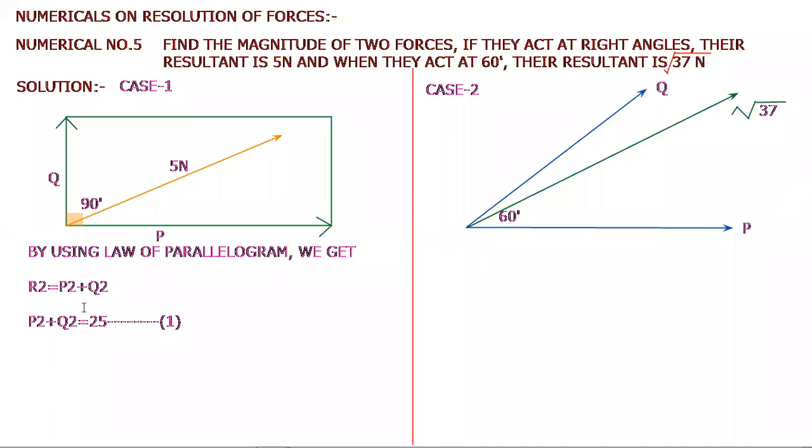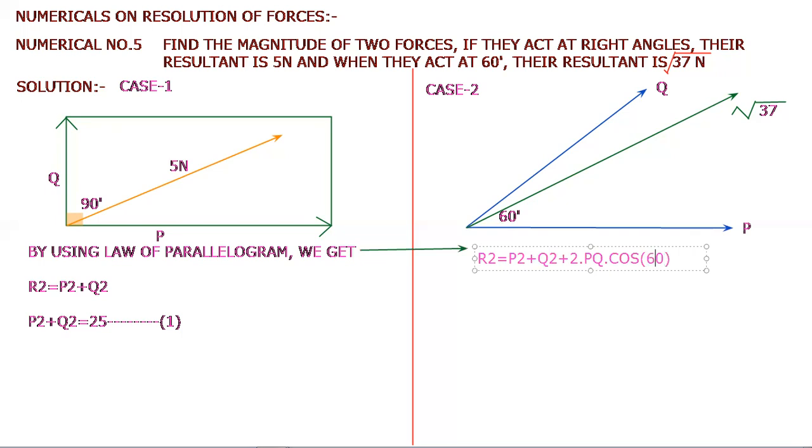Now again, applying the same theorem or same concept, that is law of parallelogram, we get r square is equal to p square plus q square plus 2 pq cos of theta.